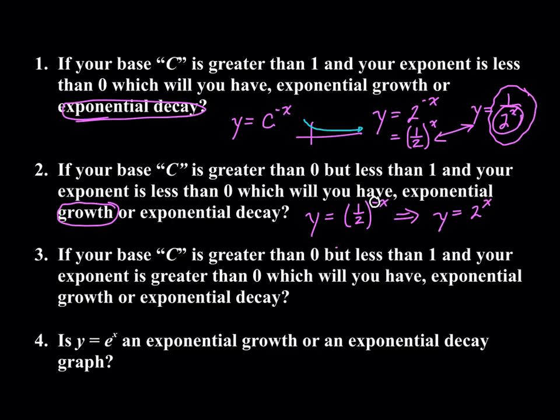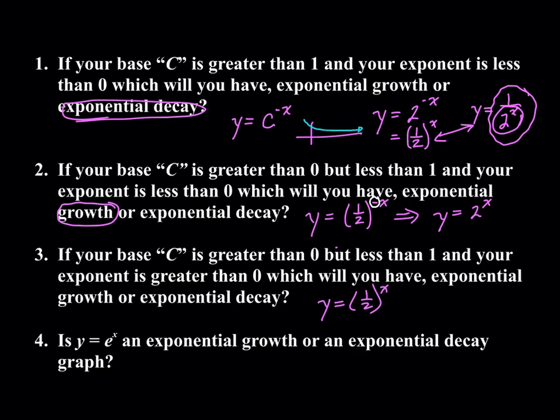Next, if your base c is greater than 0 but less than 1, so again we'll call it 1/2, and your exponent is greater than 0, you will have an exponential what? So we have a positive exponent. Now, as x gets bigger, the value of your fraction is going to get smaller.